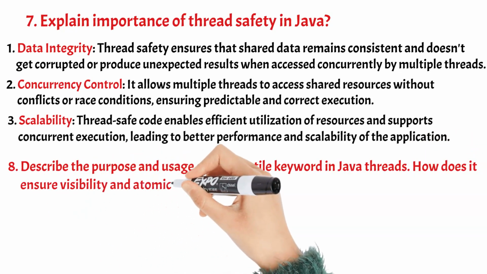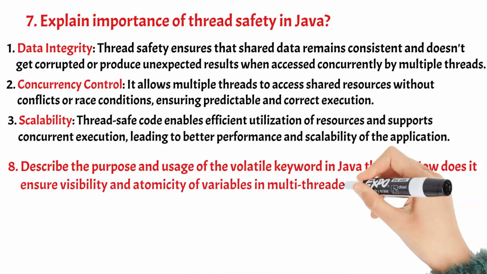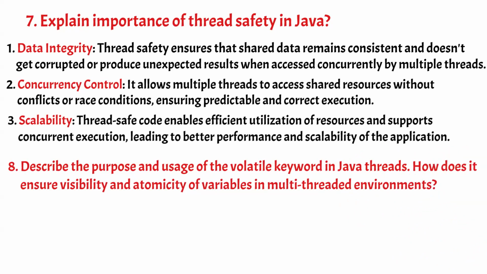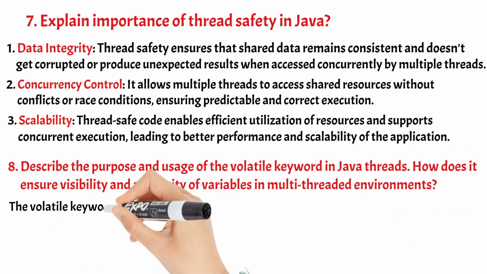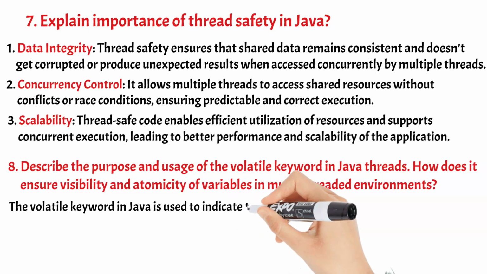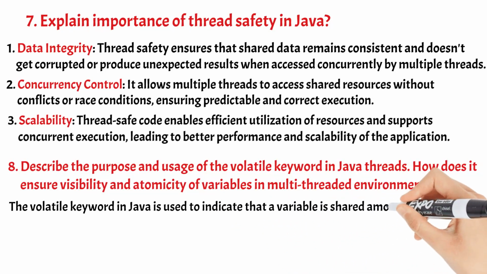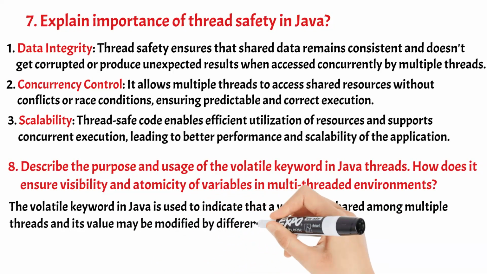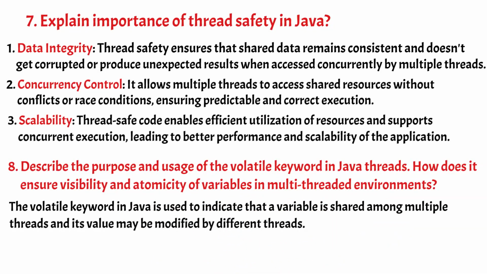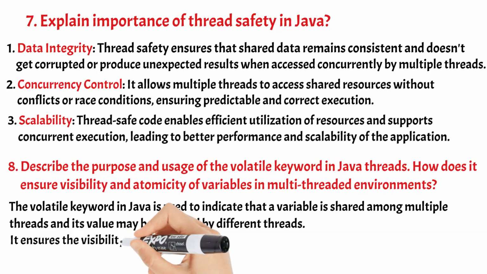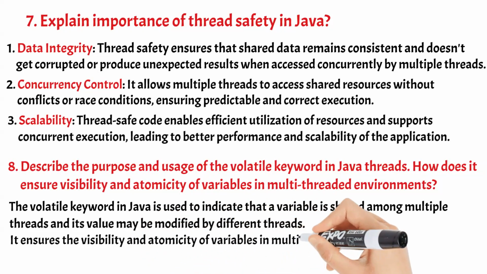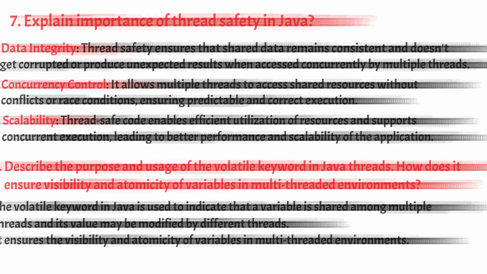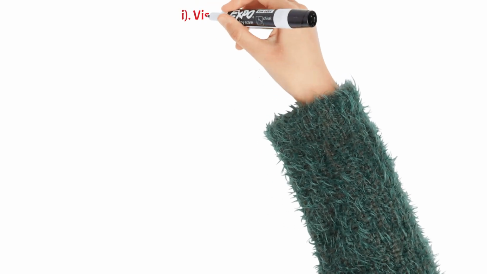8. Describe the purpose and usage of the volatile keyword in Java threads. How does it ensure visibility and atomicity of variables in multi-threaded environments? The volatile keyword in Java is used to indicate that a variable is shared among multiple threads, and its value may be modified by different threads. It ensures the visibility and atomicity of variables in multi-threaded environments. 1.